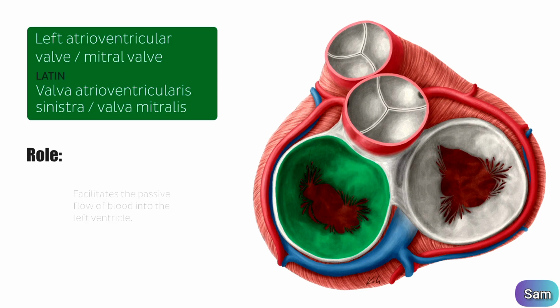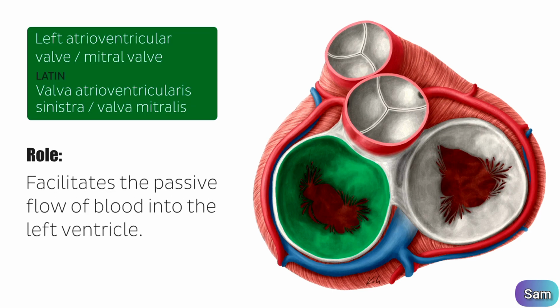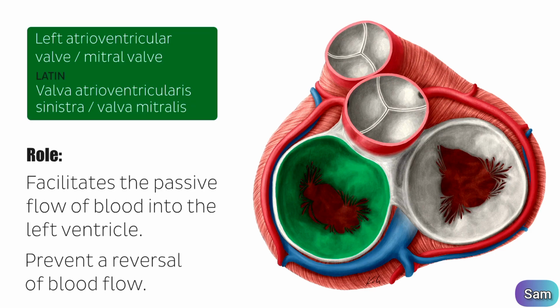Opening will then be facilitating the passive flow of blood into the left ventricle. Diastole ends with the atrial contraction, which ejects the final 20% of blood that is transferred from the left atrium to the left ventricle. The mitral valve will then be closing at the end of the atrial contraction to prevent a reversal of blood flow.